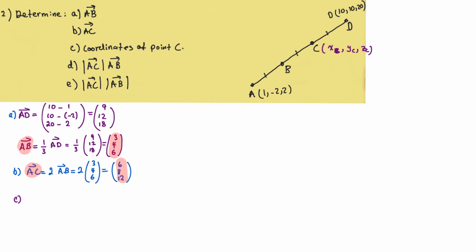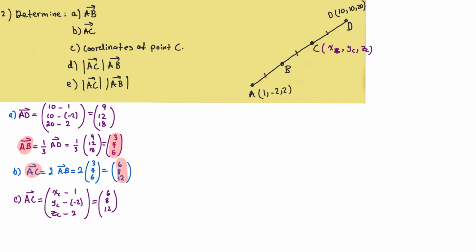To do this one, we know the vector AC, and to find point C, we need to subtract all the components of point A, its x, y, and z components, from the components of C. So point A has an x value of 1, a y value of -2, and a z value of 2. And we know that this is equal to 6, 8, and 12.